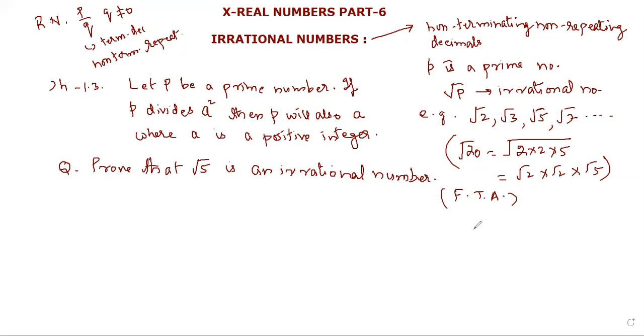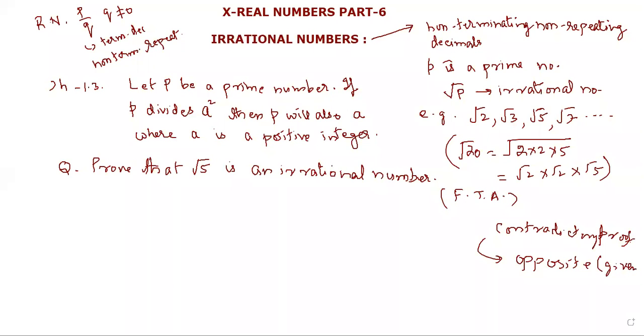There are some proofs which are called proofs by contradiction. We prove many theorems by contradiction. In a proof by contradiction, whatever we have to prove, we suppose the opposite of that. Suppose we have to prove it is an irrational number, we will suppose it is a rational number.